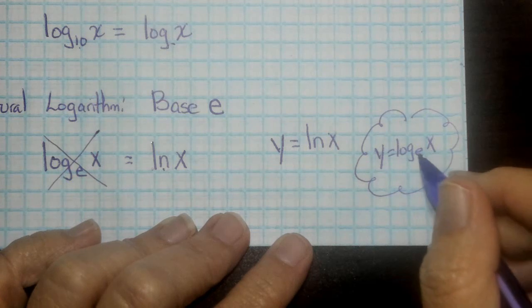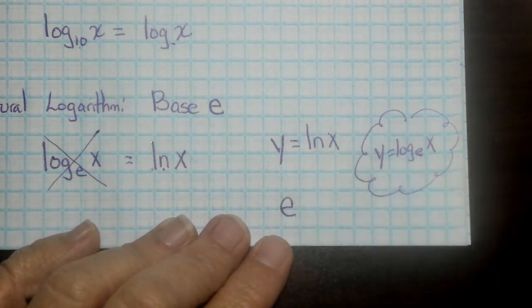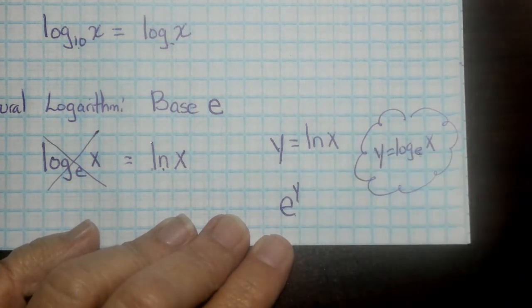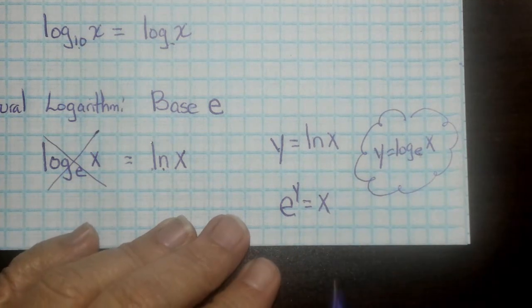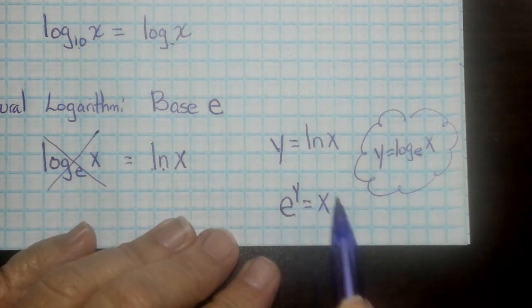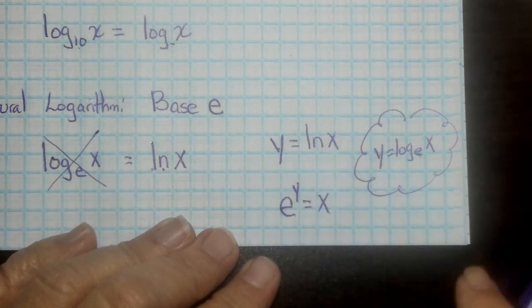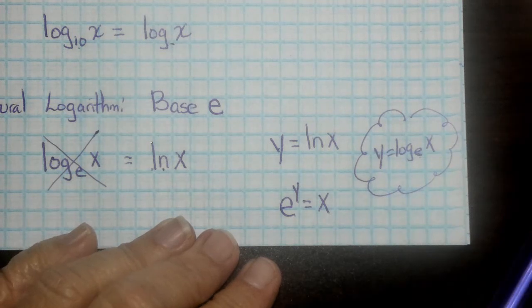So then I'm thinking the base is the base. So I put e to the y power equals x. So that's the equivalent exponential sentence that would go with that logarithm sentence. And we'll talk more about natural logs later.